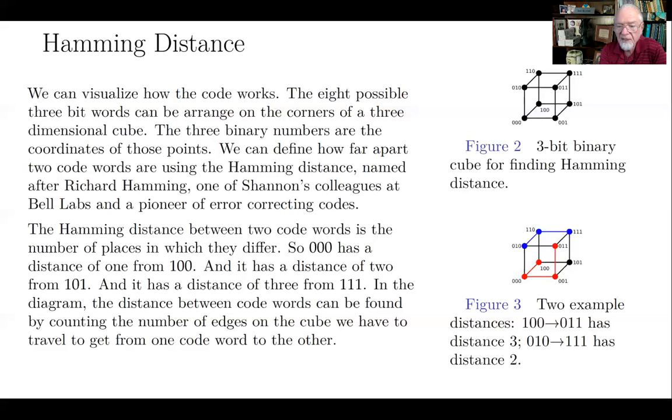So for instance, the 101 is only 1 away from 111, and the 110 is 1 away from the 111, and the 011 is also 1 distance away. So if you had 2-bit errors, the assumption always is that there's only 1 possible bit error.